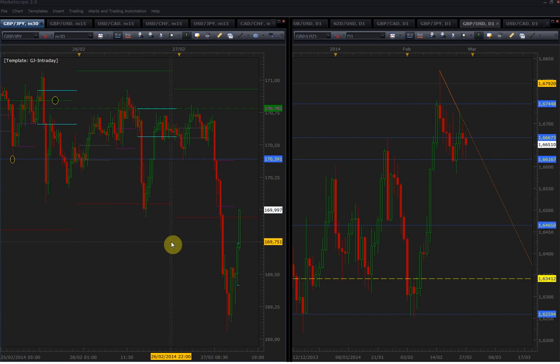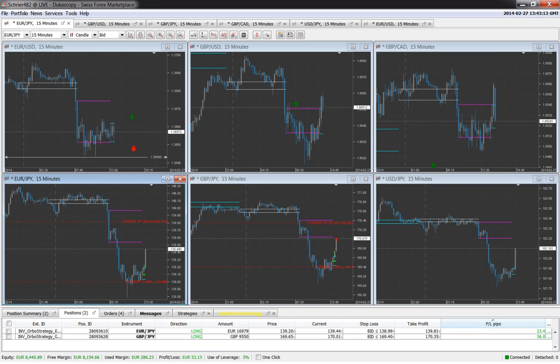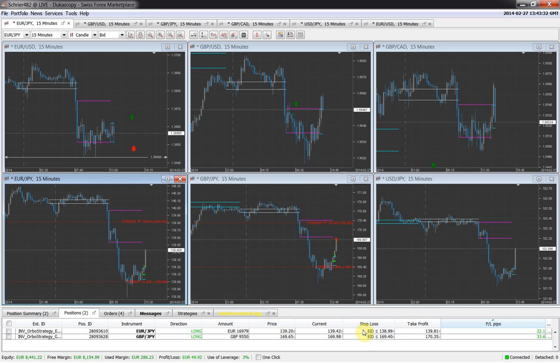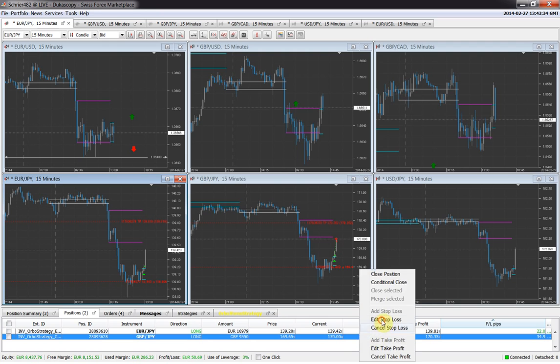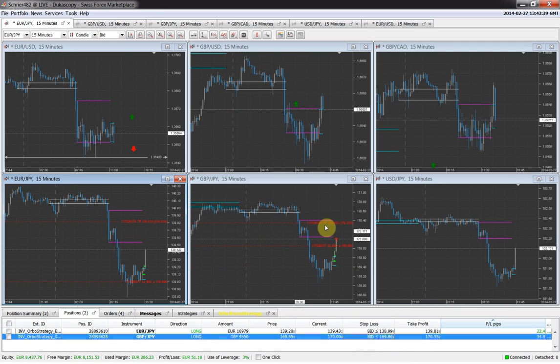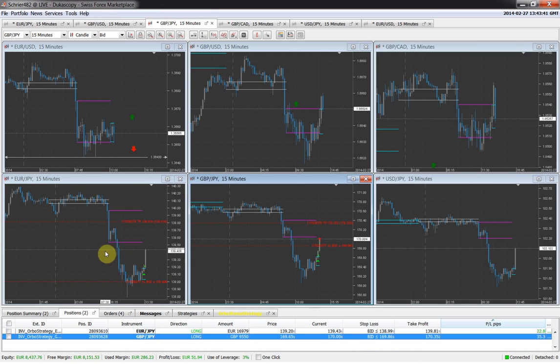So okay, it's going up. 37 pips. I'm gonna trail my stop below this line. I don't want it to come below again, because it will be a selling signal. 169.8063. Okay, we are raising the stops there.